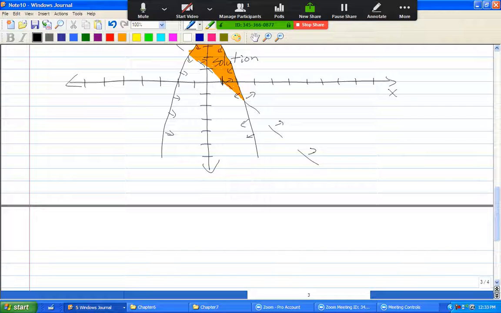Okay. So that really finishes off section 6.7.